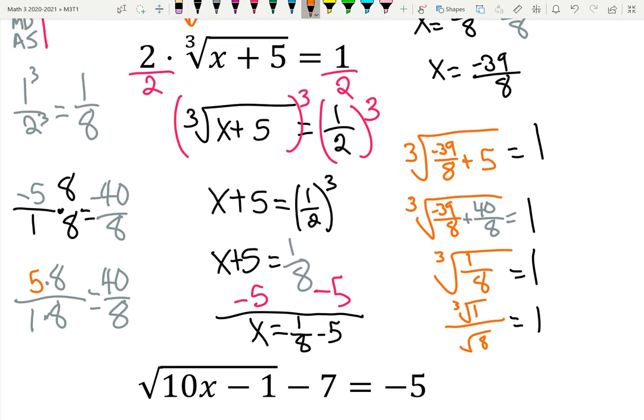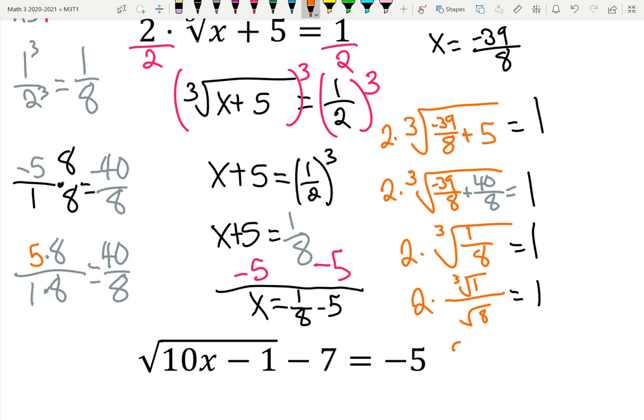And I forgot my 2 that's supposed to be in the front. Finally, 2 times 1/2 is indeed equal to 1. So my solution works out.